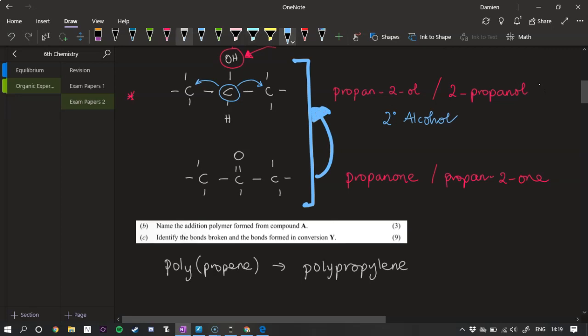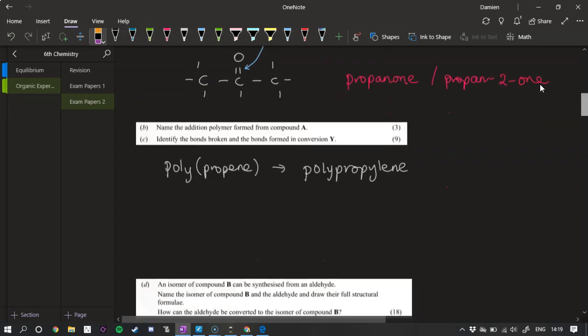So obviously you can see here that the C double bond O, that double bond, is broken. And when that double bond is broken, an OH bond is formed up above it, and also a CH bond is formed. Let's go down and look at this in slightly more detail just to explain.